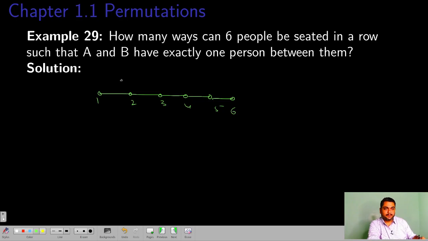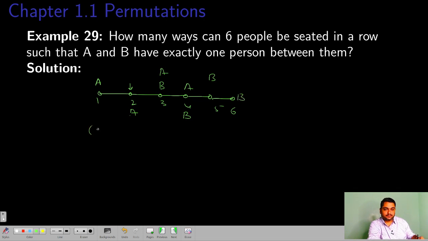These are the places. Now, we have to find out how many ways 6 people will be seated such that A and B have exactly one person between them. Suppose if I place A here, then B should be here because exactly one person is in between A and B. Similarly, if A is here, then B has to be here.